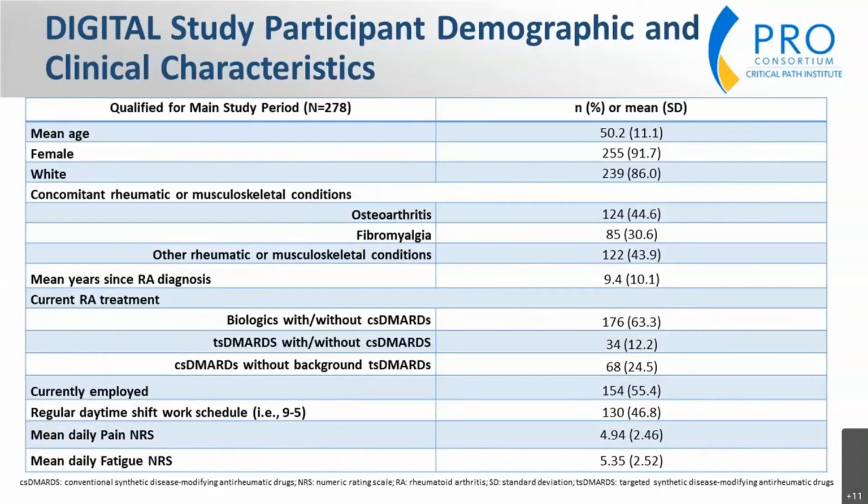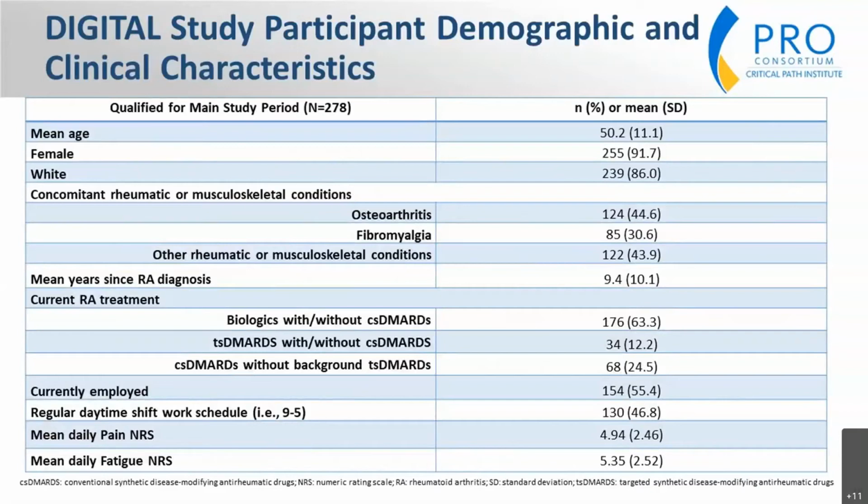So then, looking at our participant demographics, for the full study rollout, including our 17 pilot participants, we had 278 participants who qualified for the main study period, with a mean age of 50 and mean time since diagnosis of 9 years.